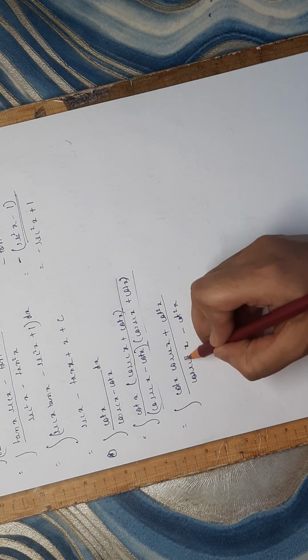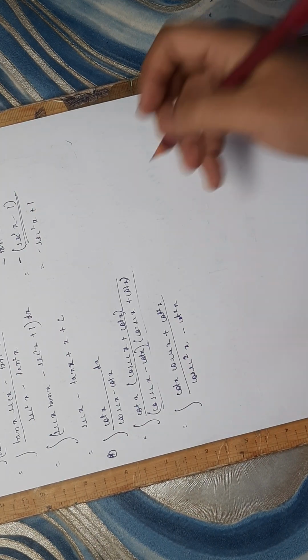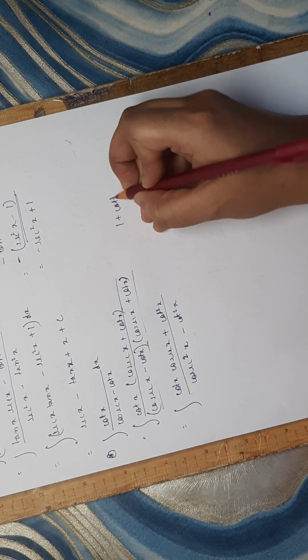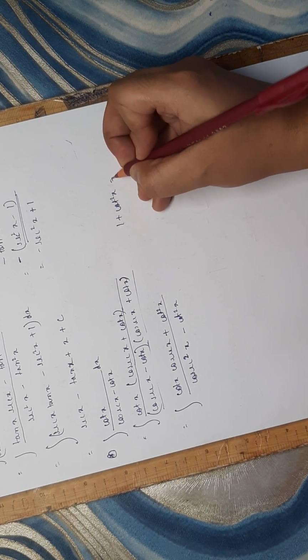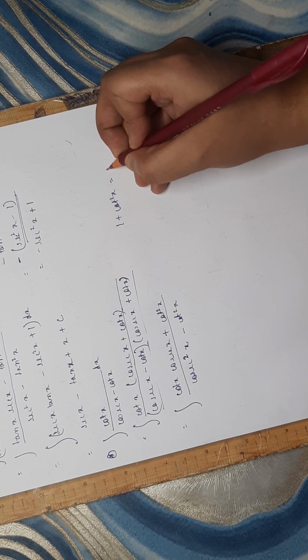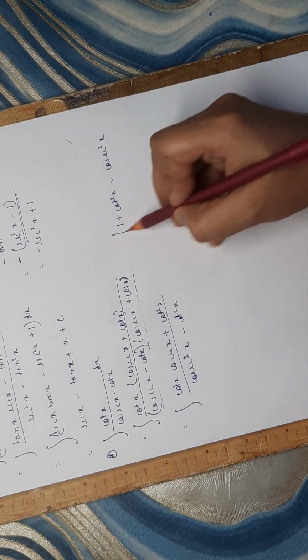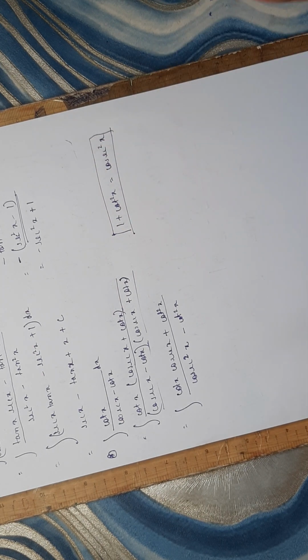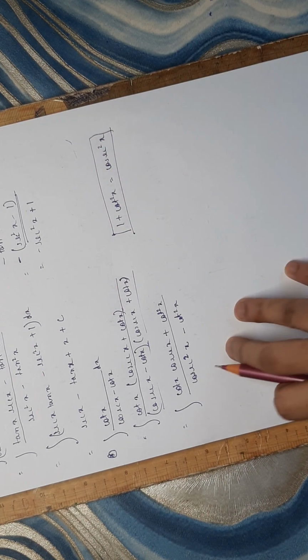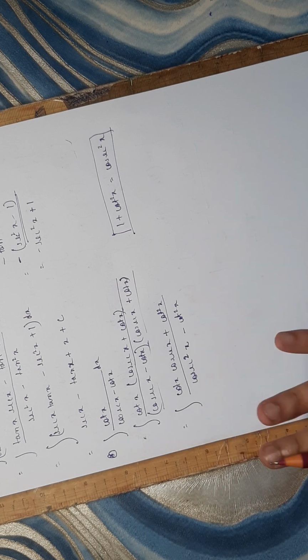Okay, so now we have another very basic trigonometric identity of 1 plus cot square x is equals to cosec square x. Okay, 1 plus cot square x equals to cosec square x. Now here this is the prime formula which we will be using in this particular question in order to make certain very basic substitution.